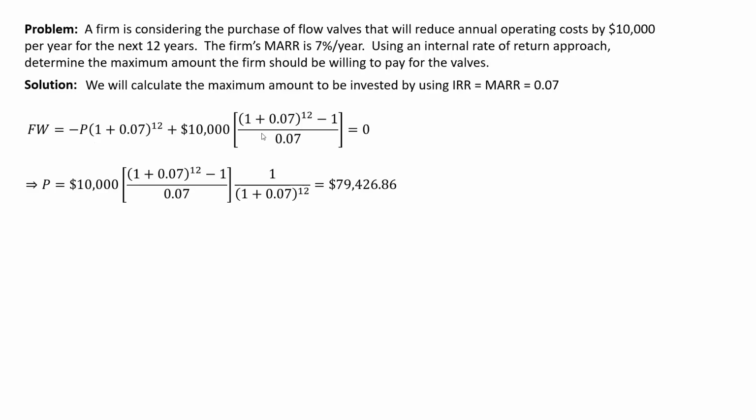And automatically the internal rate of return that you calculate would be bigger than the minimum attractive rate of return. However, go ahead and calculate by making P say 100,000 and leave this 0.07 as an unknown i and figure out i. That will turn out to be less than the minimum attractive rate of return. Okay, that's the whole idea.